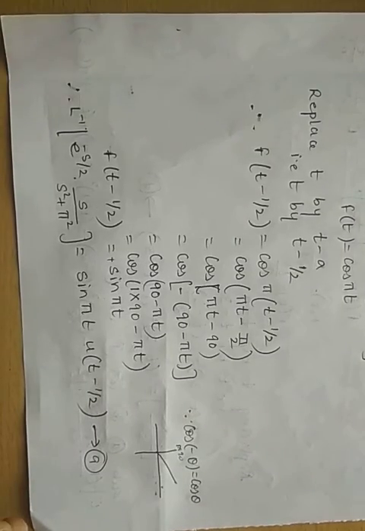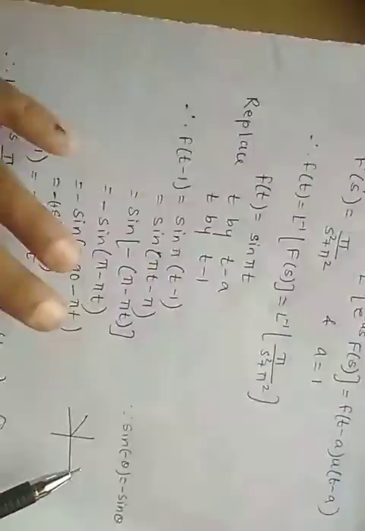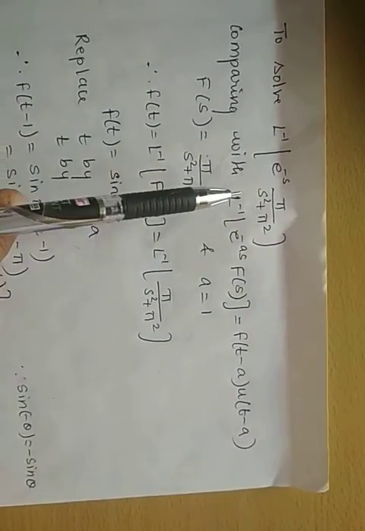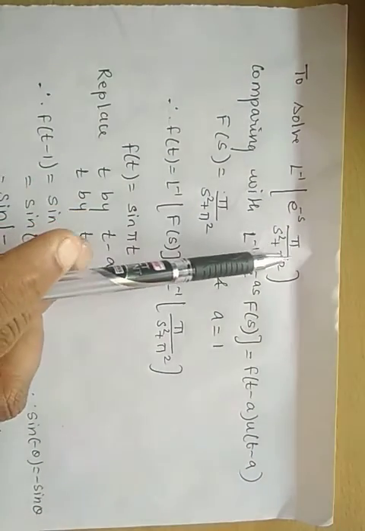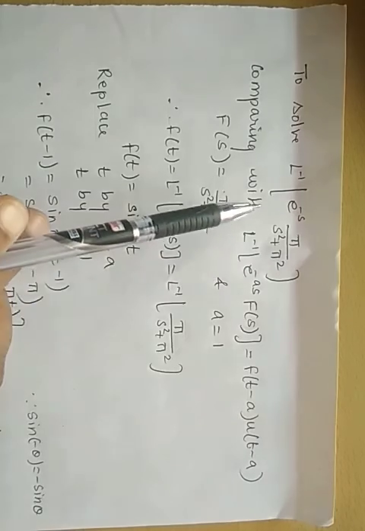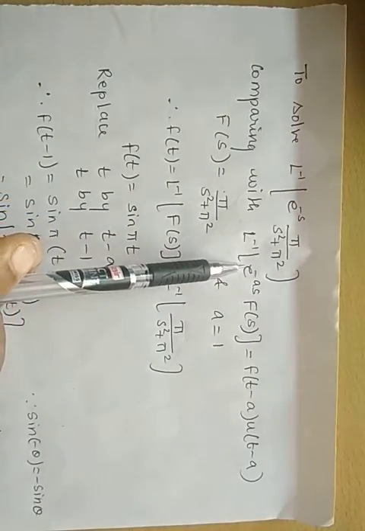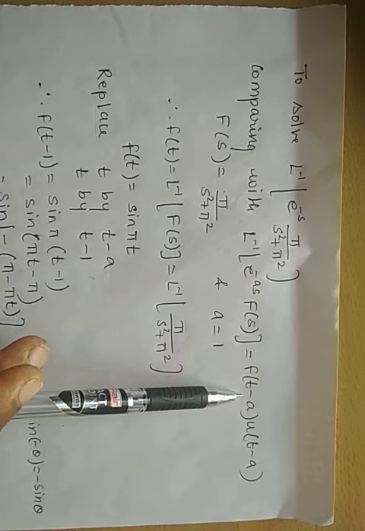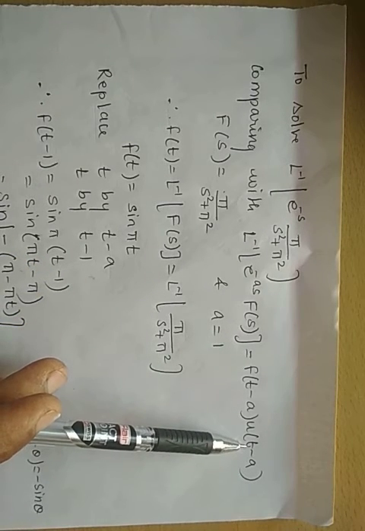Once we get this, we'll see the second function's L inverse now. The second is L inverse of e raised to minus s into pi upon s square plus pi square. I need to compare it with L inverse of e raised to minus s into f of s, which equals f of t minus a into u of t minus a.